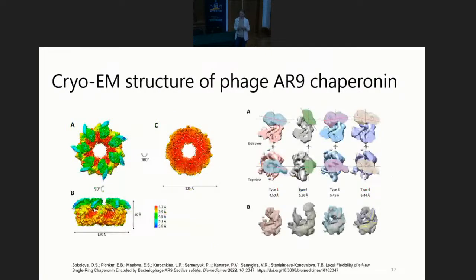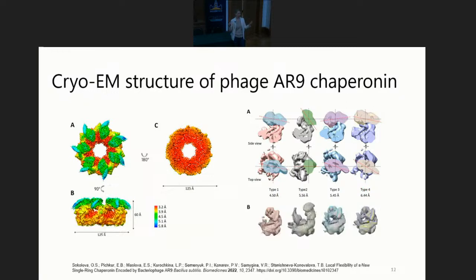We also, so there were two chaperonins. One was studied by us, this OBP chaperonin. The second one from the phage EL chaperonin, and they had this pattern of alternating subunits.